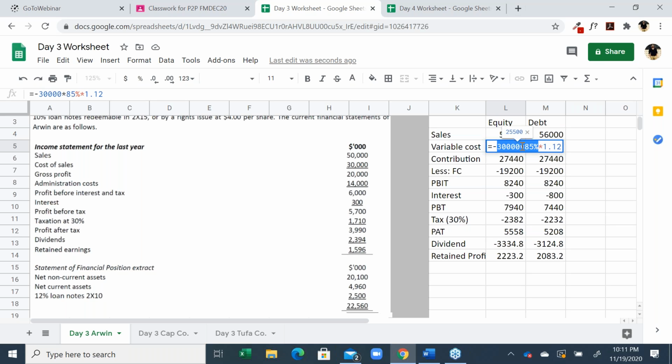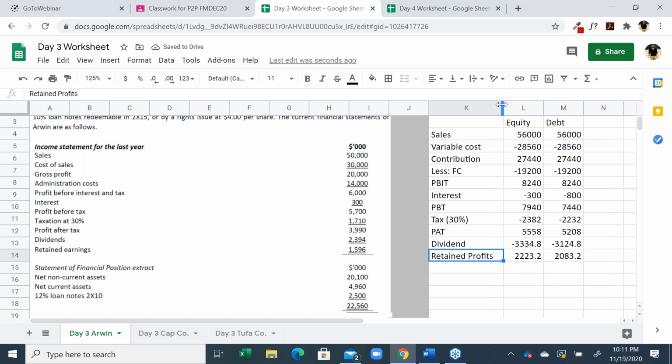Since sales are increasing by 12% next year, it will also increase your variable cost by 12%. So that's retained profits.